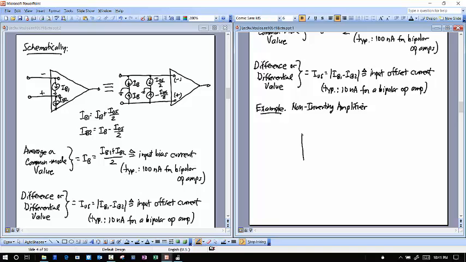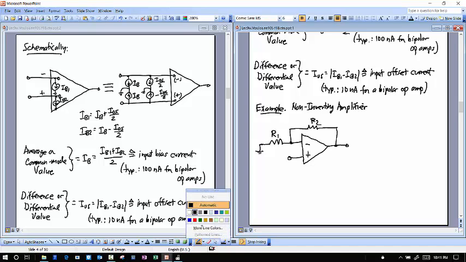So here it is. Okay, so there's our non-inverting amplifier, and we're going to do the same thing as before. So the input's generally here, but we're going to ground that input.